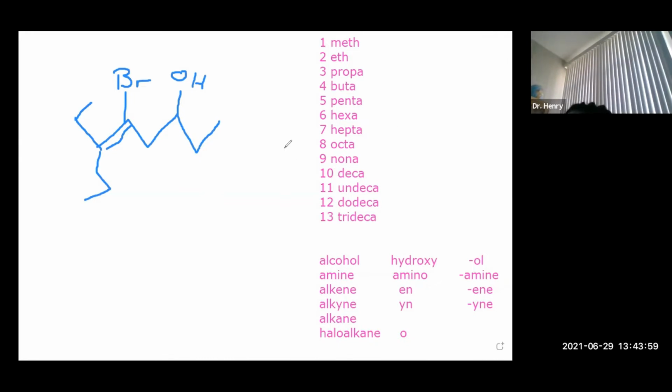So that's 1, that's 2, that's 3, that's 4, that's 5, that's 6, that's 7, that's 8, that's 9. Well, it's longer, right? If I went this way, that would be 7 and 8. Wouldn't that be the longest chain?